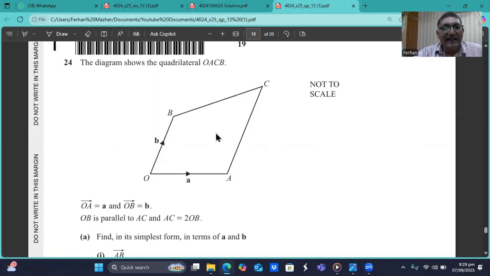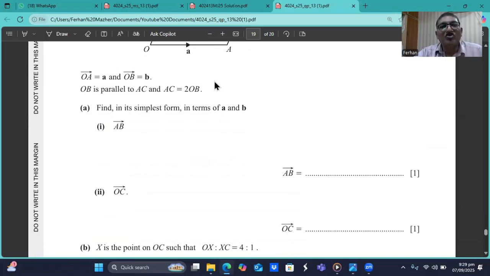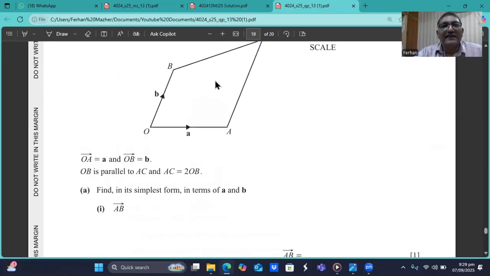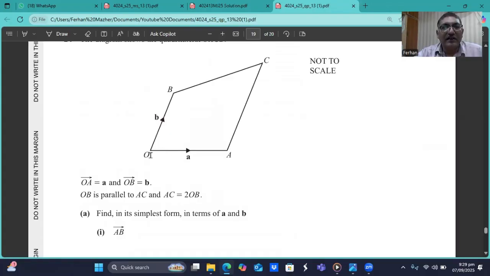Then they asked me to find OC. Very simple. If you want to go from O to C, the bypass is from O go to A, from A go to C. O to A will be small a, from A to C will be 2b.